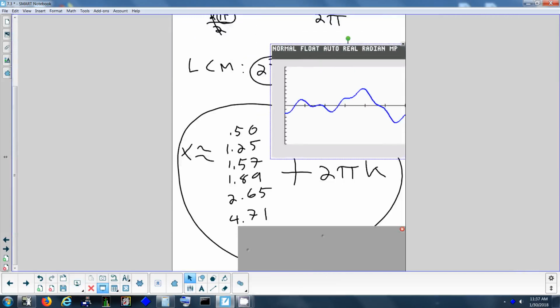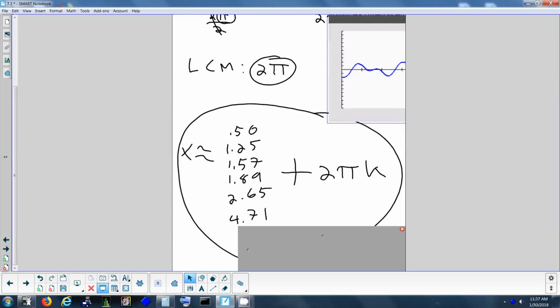The first one is 0.5, and then 1.25, 1.57, 1.89, 2.65, and the last one is 4.71. And just to save myself from having to write it, I just put plus 2 pi k for all of them, just like that.